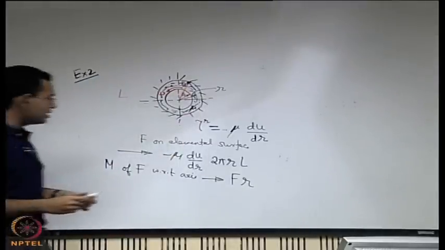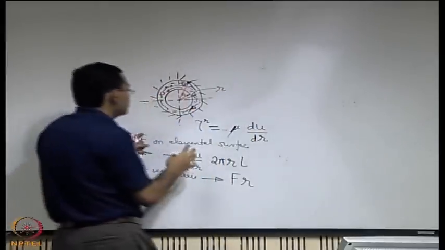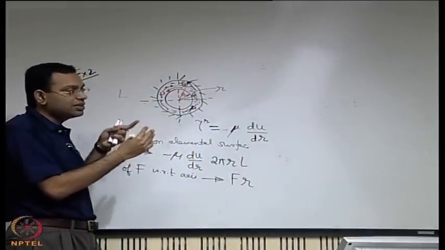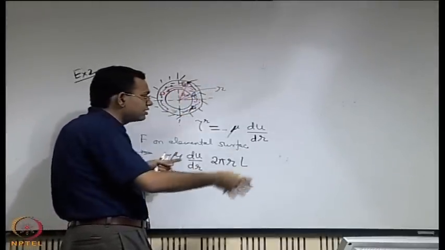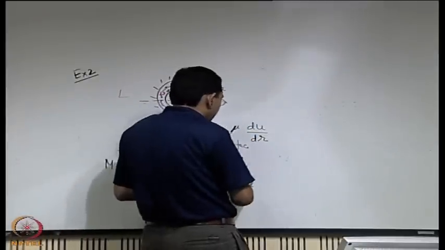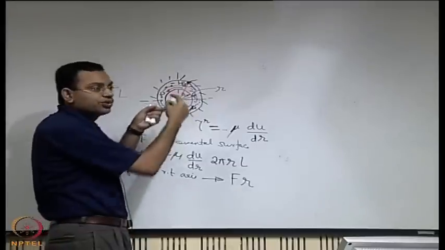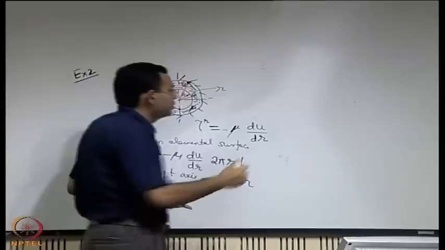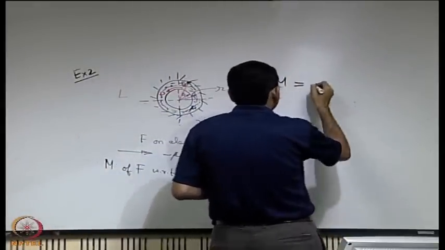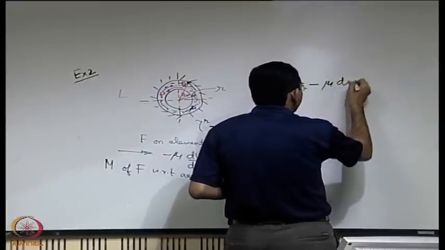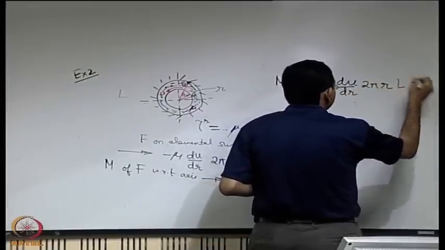So if you call this m, then m is an input and it is balanced with the resistance moment at various sections, so that you have a particular value associated with that, dictated by the input power of the motor. So m is equal to minus mu du dr into 2 pi r L into r.